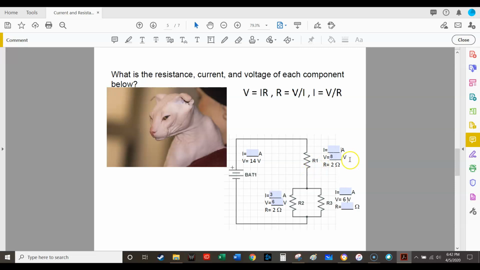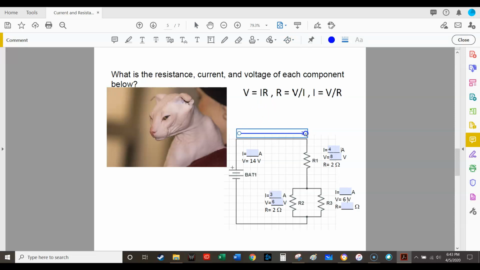Well, since I have two variables now, I'm going to go ahead and apply Ohm's law. 8 volts divided by 2 ohms is going to be 4 amps. Now we know this is 4 amps flowing through here, and now we could track the current.